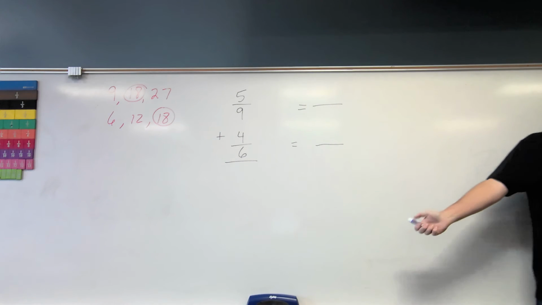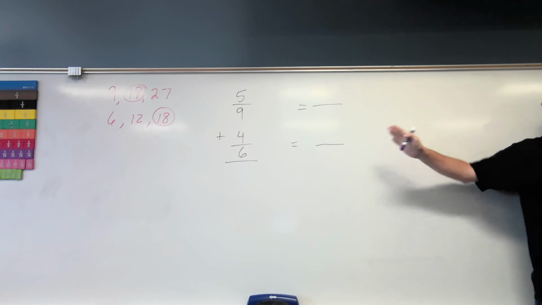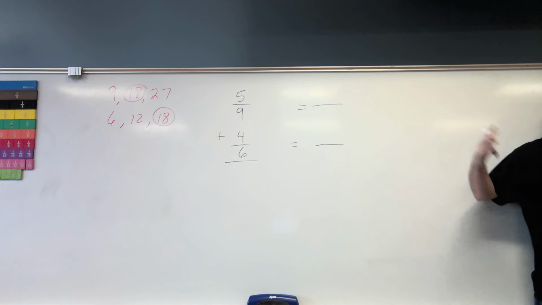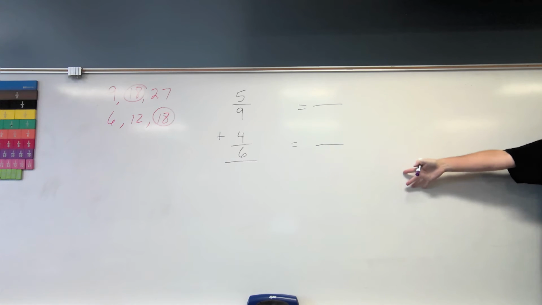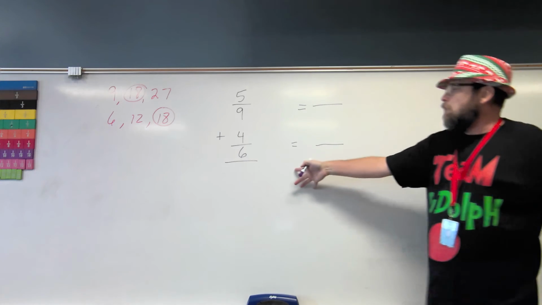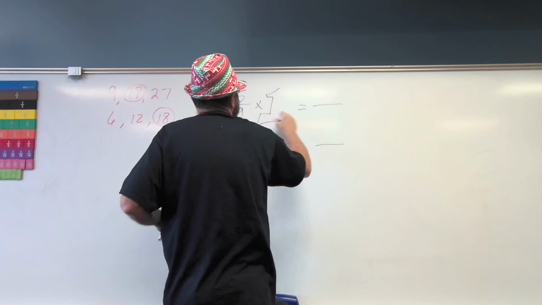Now, we could have used 54. That would be fine. We're just going to have to do more simplifying. The bigger denominator we change it to, the more simplifying we're going to have to do. So, changing them to 18 is easier.